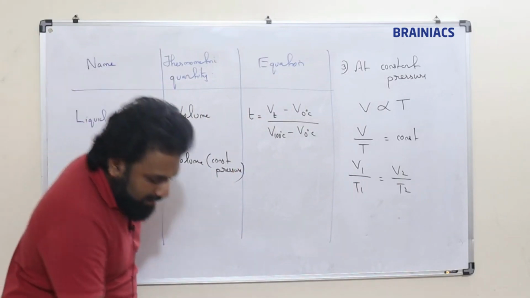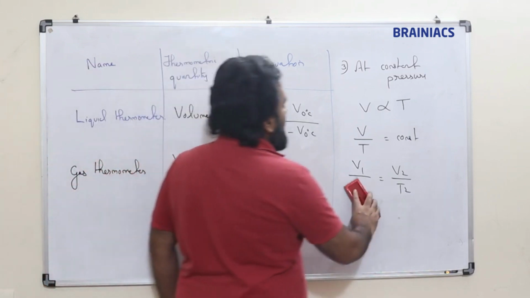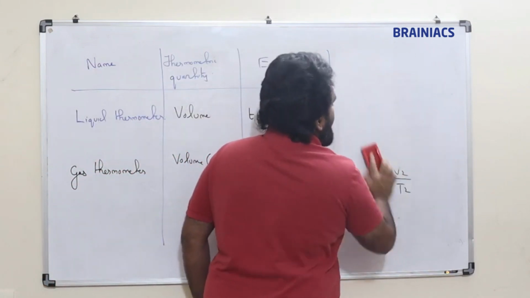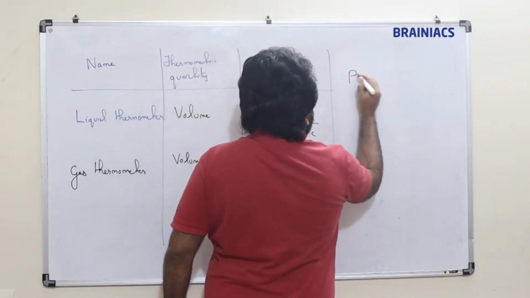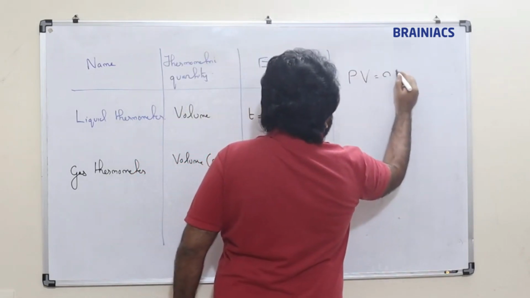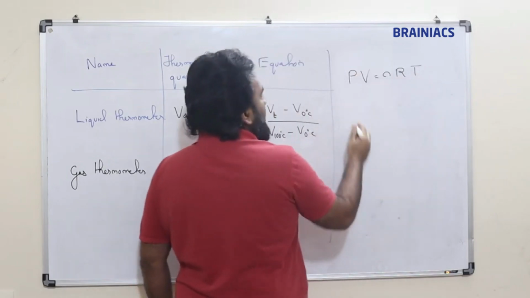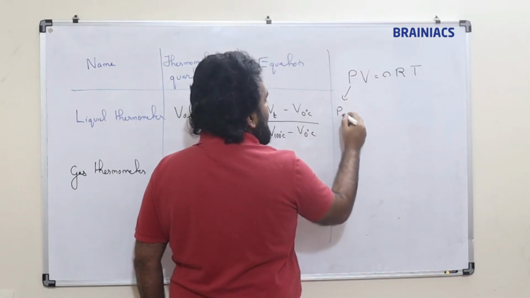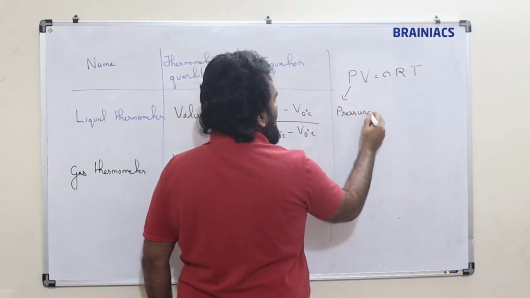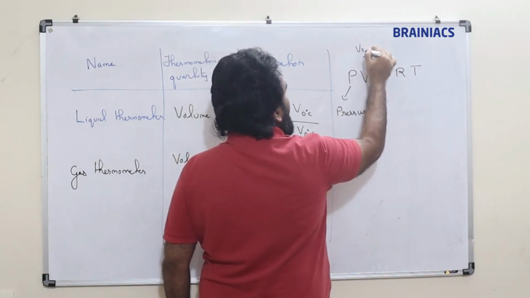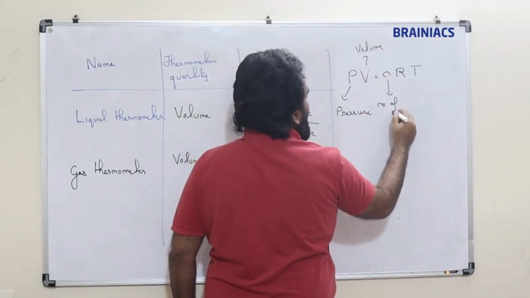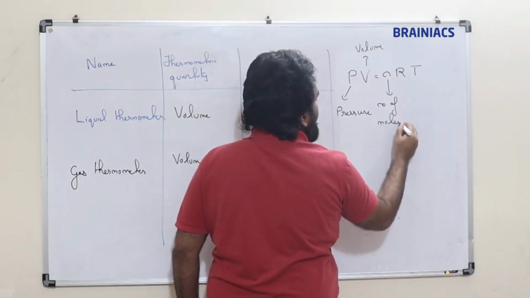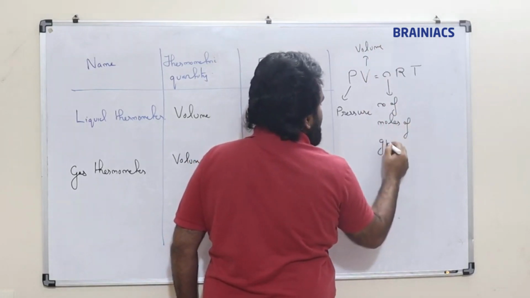All these three laws putting together, we got PV is equal to nRT, where P is pressure, V is volume, n is number of moles of the given gas.